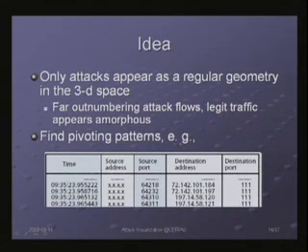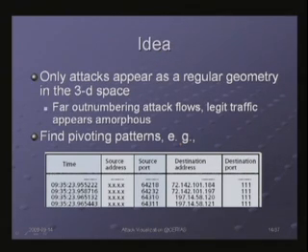Well, the idea is that the attacks appear as a regular geometric entity in that 3D space. And they exhibit this quote-unquote pivoting behavior. Of the three values, they fix one or two and then move the others. Okay?